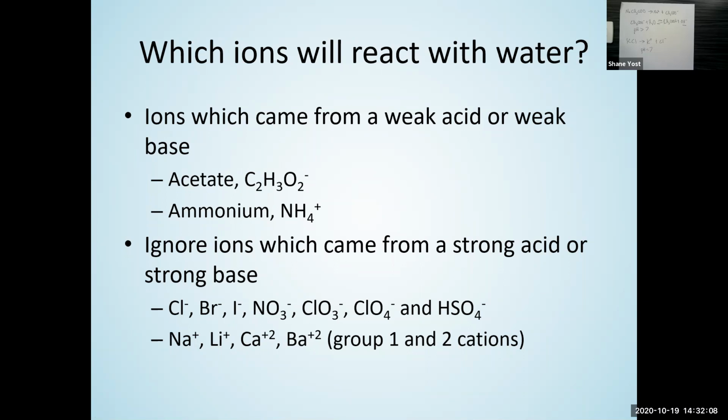They come from strong bases, so they themselves don't do anything. They'll just be spectators. So these are your list of common spectator ions. Potassium and other group 1 and group 2 cations are very common.